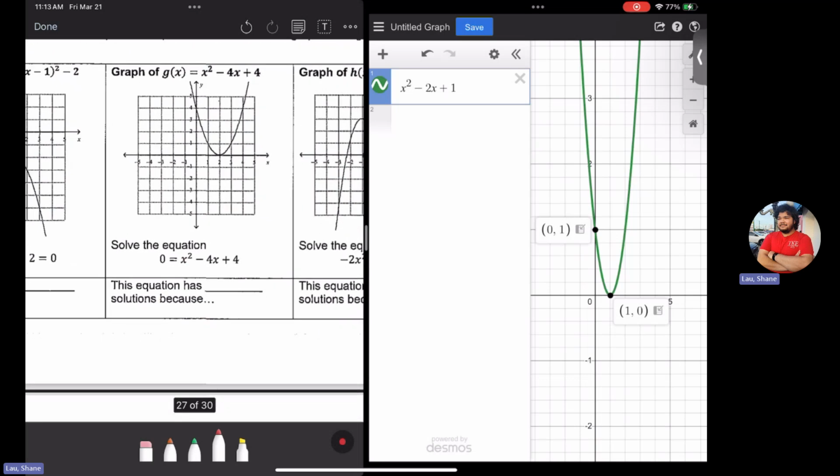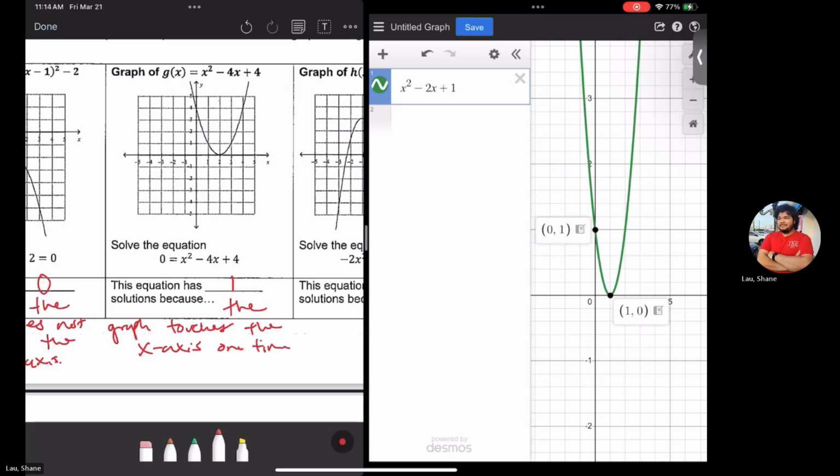Then I look at this one, graph number 2. Well, I see clearly that the equation has 1 solution because the graph touches the x-axis only 1 time. So unfortunately, it only touches it 1 time, but it still touches it nonetheless, more than the previous.